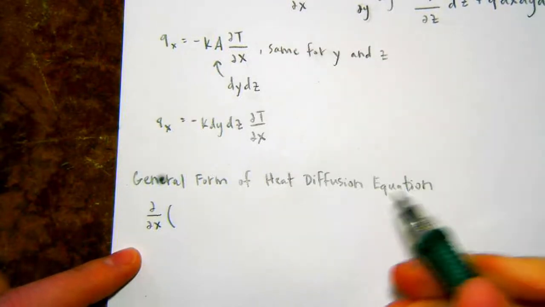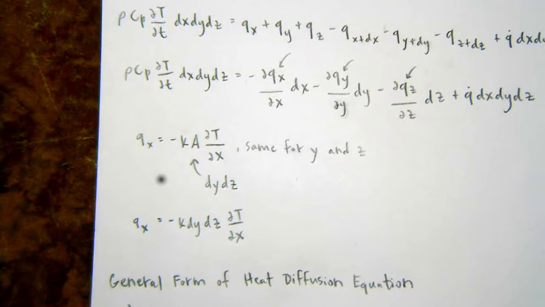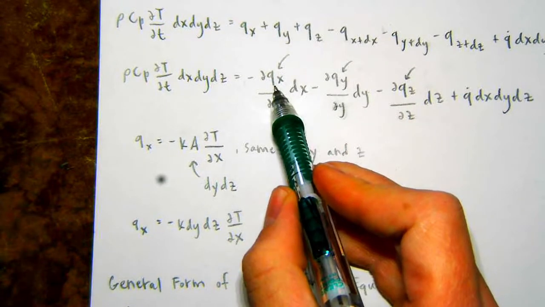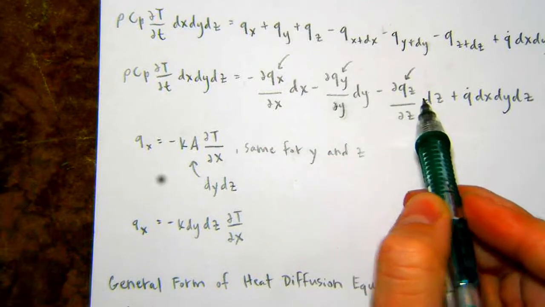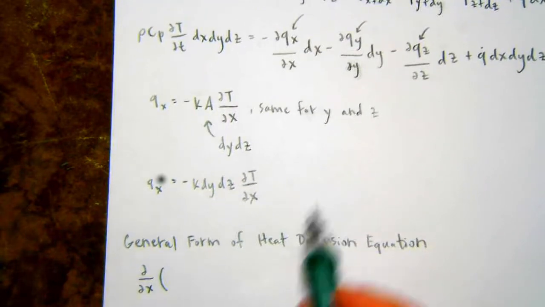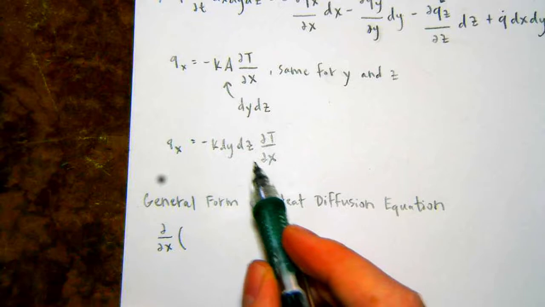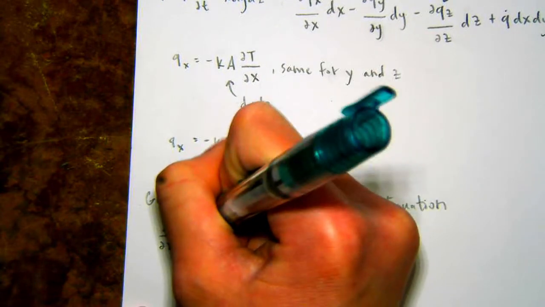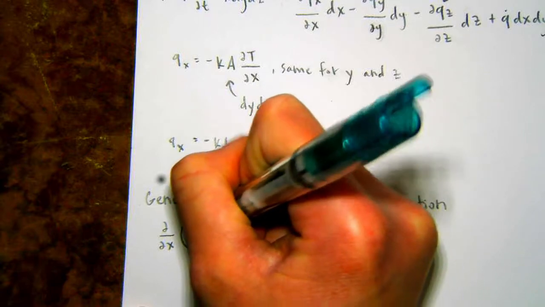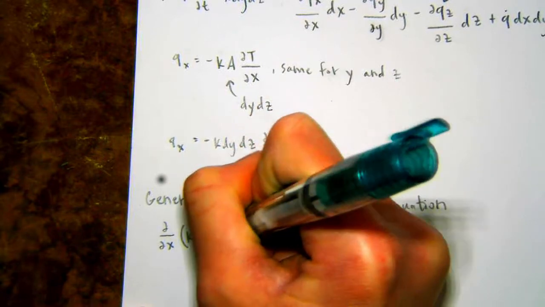Because if you look back up here, we're taking the partial derivative of the Qx, Qy, and Qz terms, and those have a partial derivative in them from Fourier's law, we're going to end up with a second order derivative in our general form.